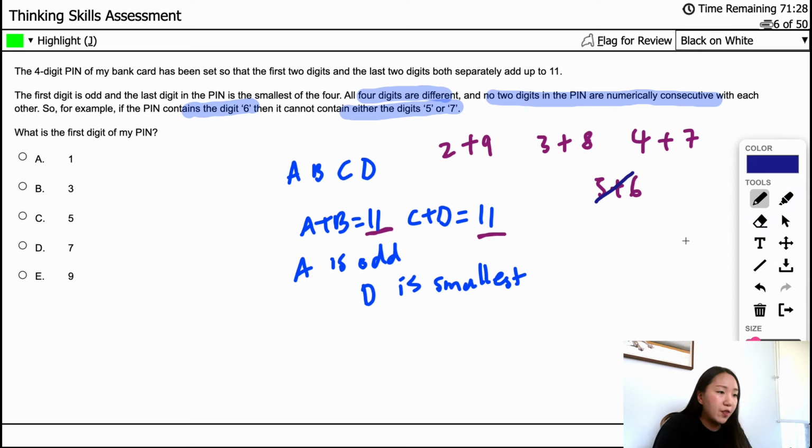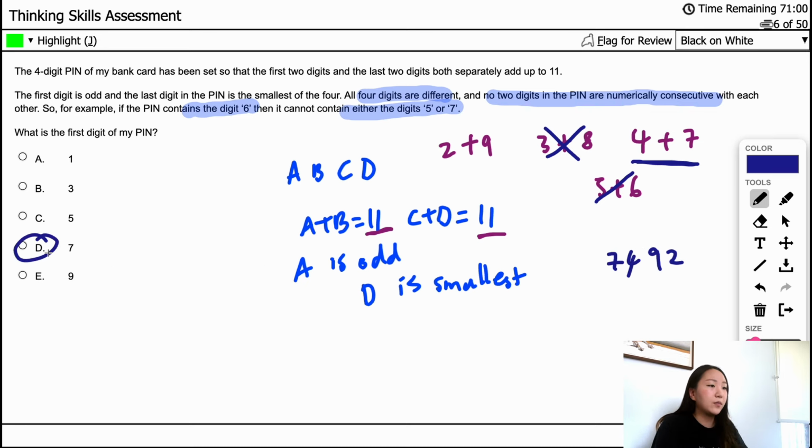We're left with 3 different combinations, so we can see already that 2 and 3 and 9 and 8 are consecutive, so these can't exist together. So this one definitely has to be 2 of the numbers in the bundle. And then 7 and 8, 4 and 3, again, they can't exist together, so we can just get rid of that one. So we know it has to be this combination. D is the smallest, so 2 is at the back, then it'll be 9, and A has to be an odd number, so it'll be 7, 4. So the answer is D.